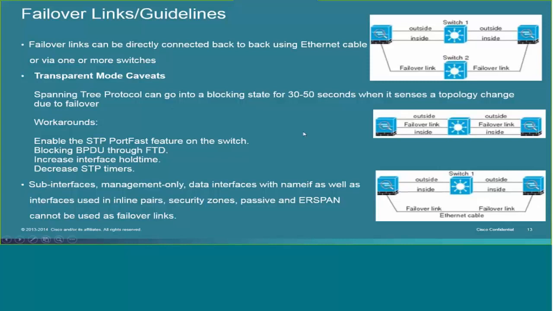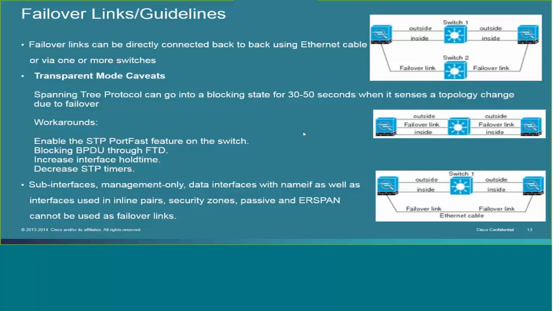Now, one particular topic that we need to talk about here is FTD failover HA for transparent mode firewalls. If everyone remembers, transparent mode firewalls are layer 2 firewalls, and they are supposed to pass all the layer 2 traffic, and they can also pass BPDUs for STP traffic.